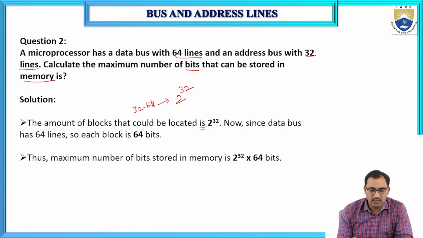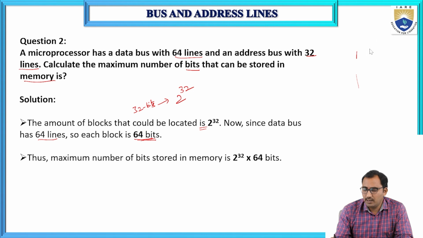And since the data bus has 64 lines, each block size is 64 bits. That means in each memory location we can store 64 bits.